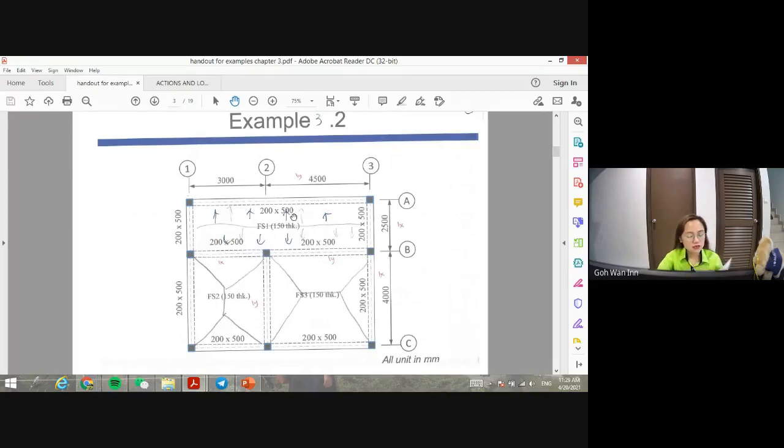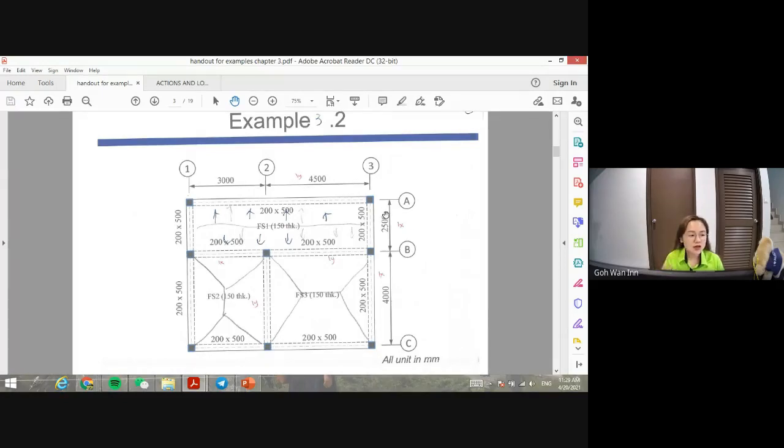So for calculation, you need to divide by 3 area of slab. Okay, so you will have 3 area of slab. So for the first one, here is the Ly. The longer span, remember, the longer span is the Ly. The shorter span is the Lx.